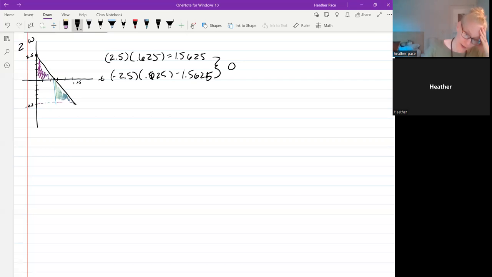So let's say our tire is here. Let's say our tire spins. Let's put a little mark on our tire here. Let's say we spin our tire and the mark goes right here.